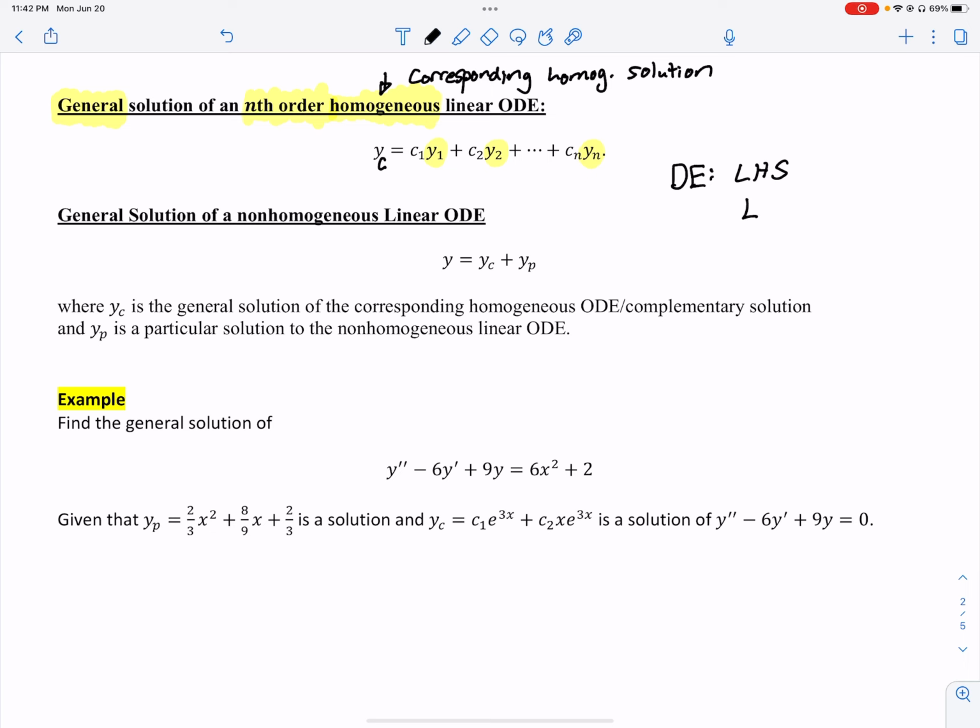And let's get used to this y thing. Remember, that's just an operator. It just means left-hand side. And let's say it is equal to some function of x, g of x, and it's not 0. We can actually consider the solution. This is the corresponding homogeneous DE.